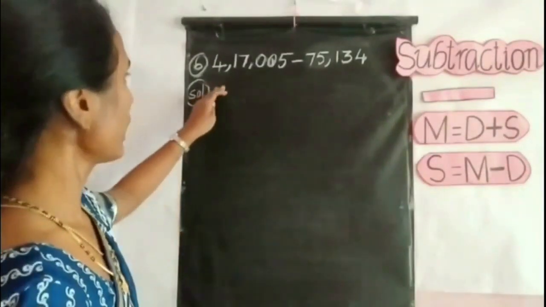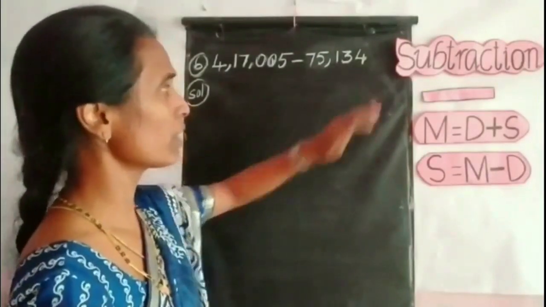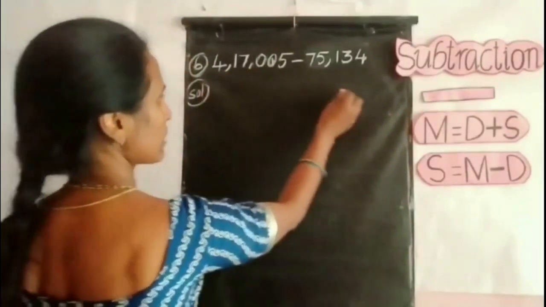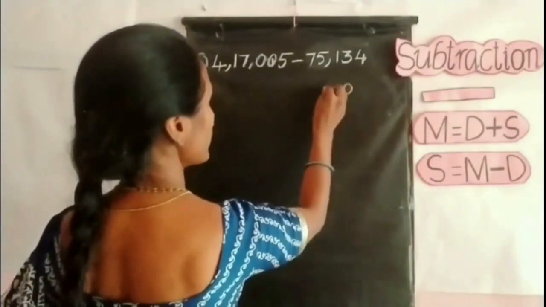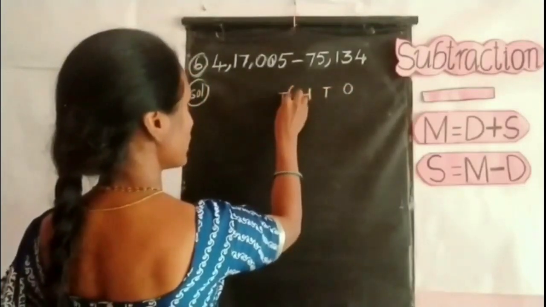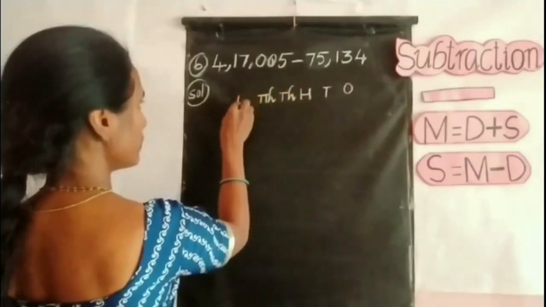Okay, 4,17,005 minus 75,134. Let me arrange the places up to lakhs. Ones, tens, hundreds, thousands, 10,000s, lakh.